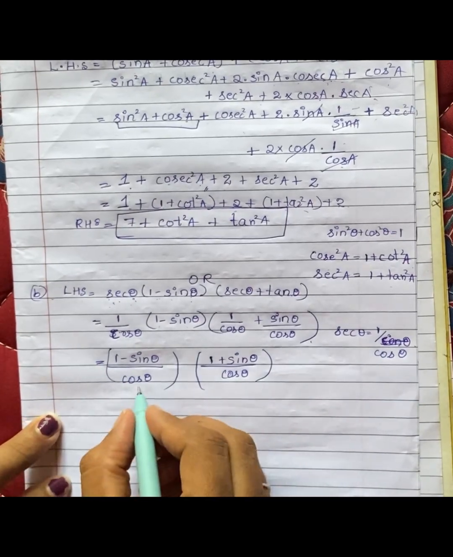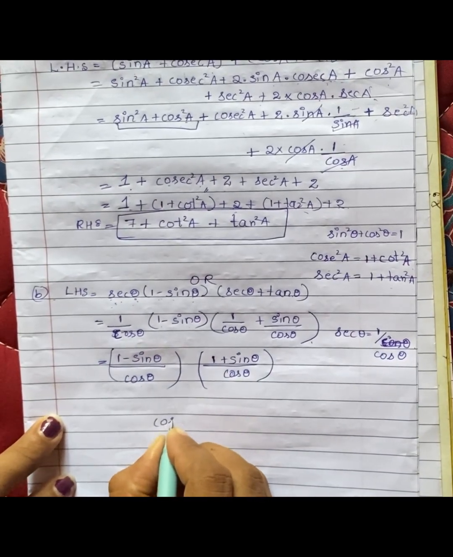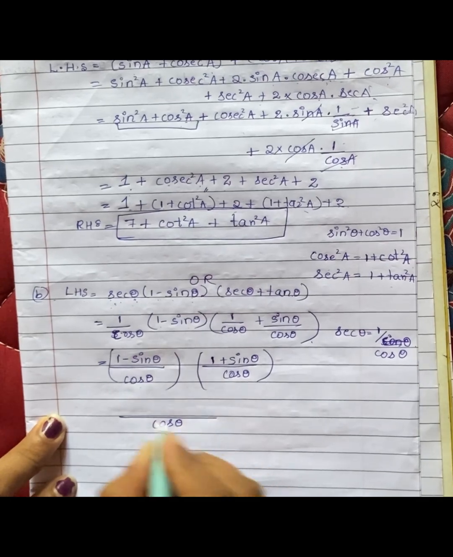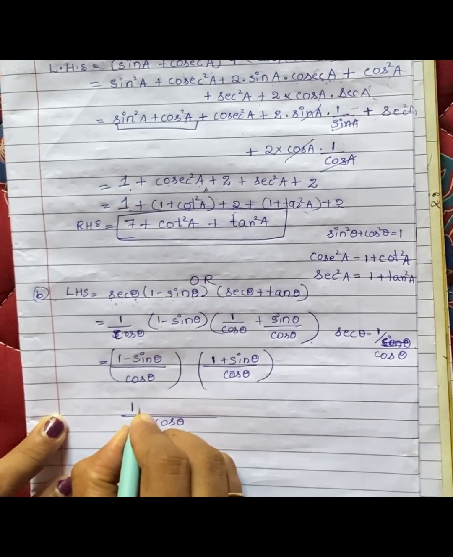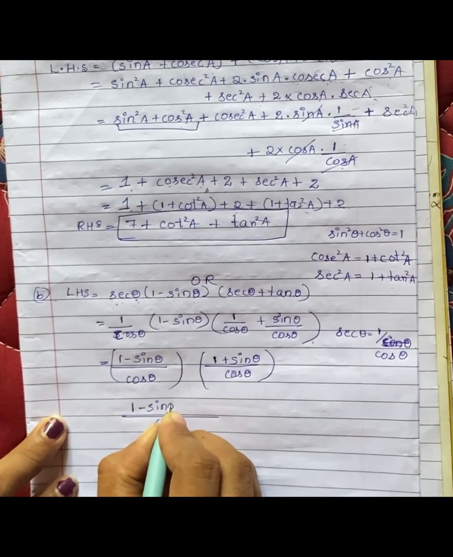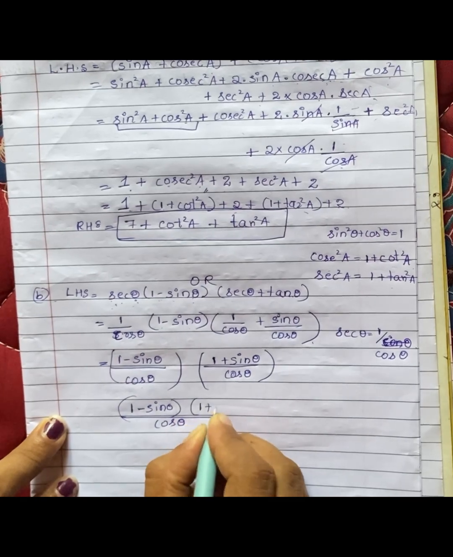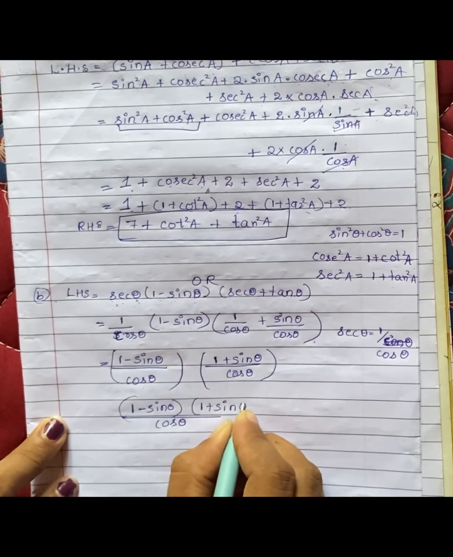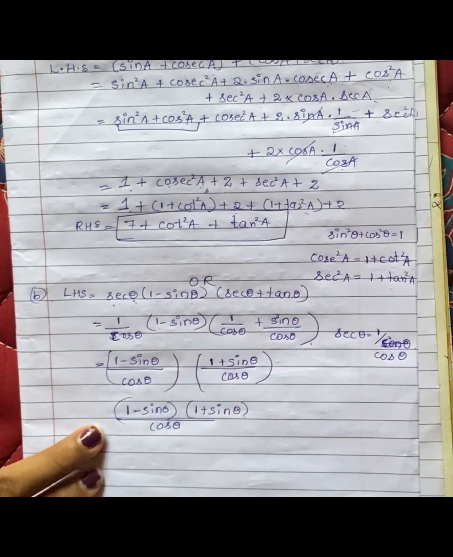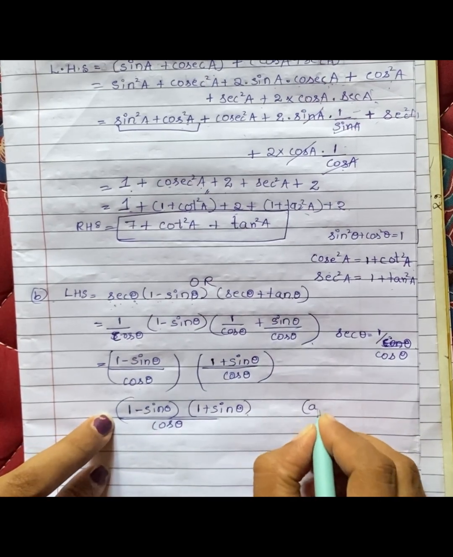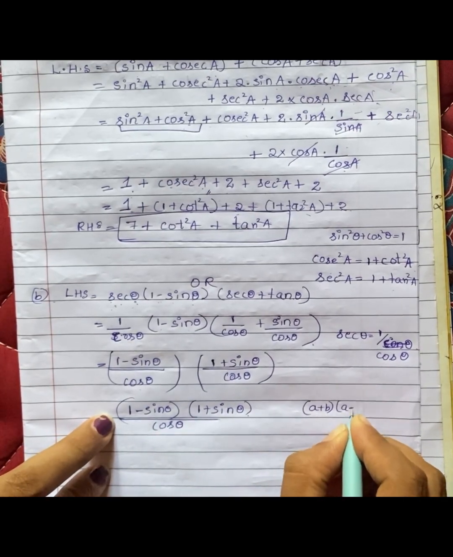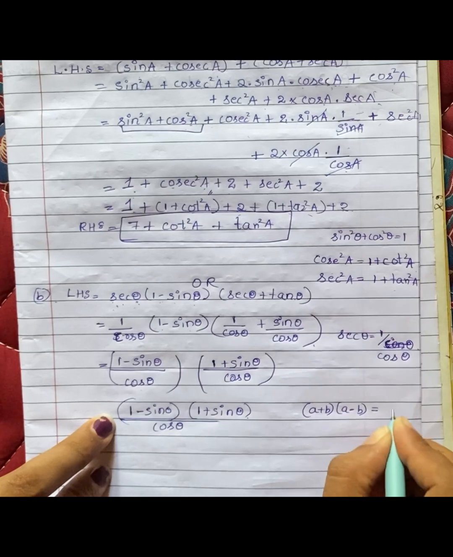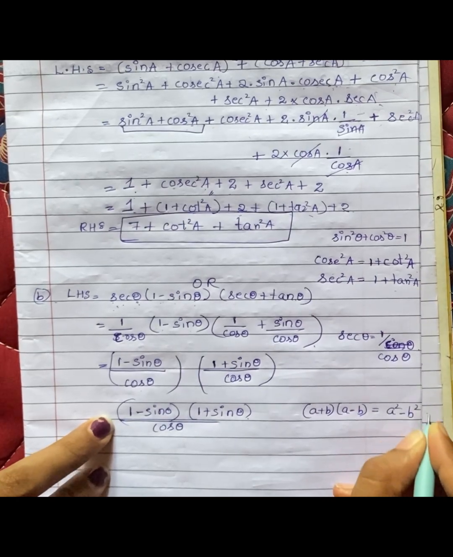Now you have to do the LCM, whereas cos theta is 1 minus sin theta into 1 plus sin theta. So you know this formula, that is a plus b into a minus b is equal to a square minus b square.